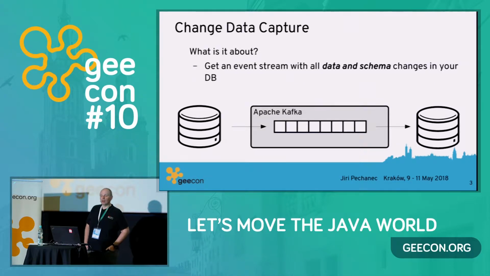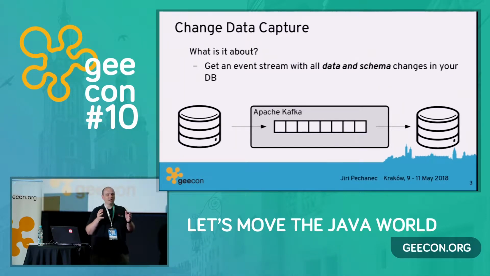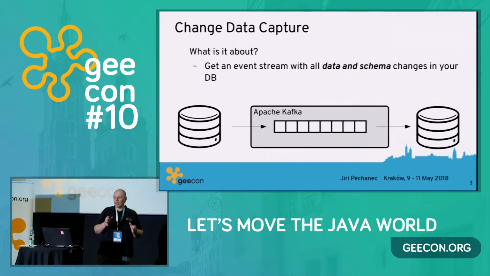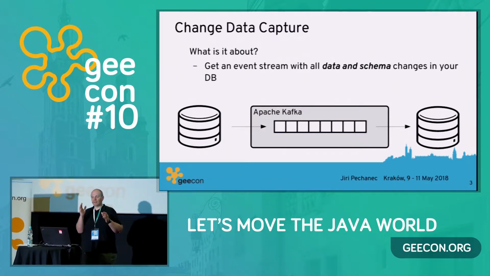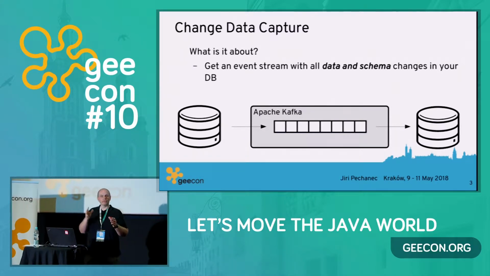So first of all, what is change data capture? What is it about? Change data capture is mainly about detecting changes in the database, about detecting changes in the data, but not only changes of the data, but also of the schema, so the metadata of the database, and streaming them to a broker or another storage.